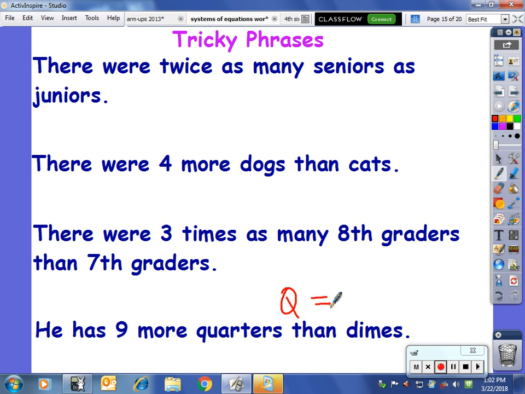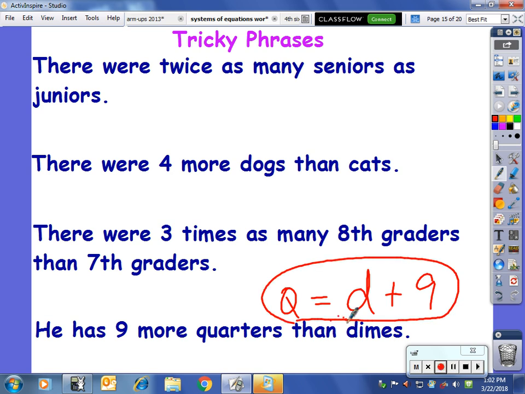Q equals... Yes, this would give him more quarters. He's supposed to have more quarters. If you take the dime number and add 9 more to it, that's going to give him more quarters. Times means multiply. More than means you're adding, yes.